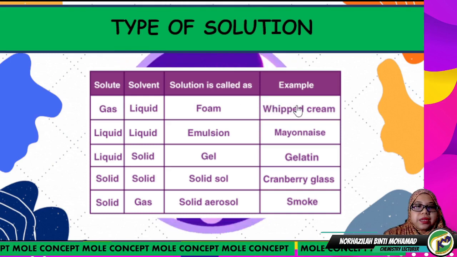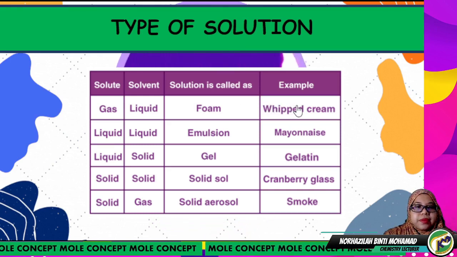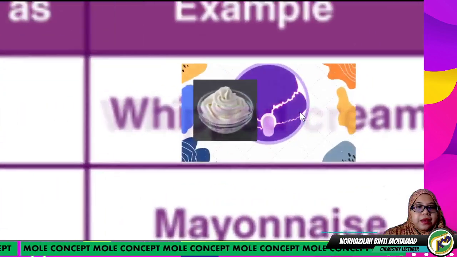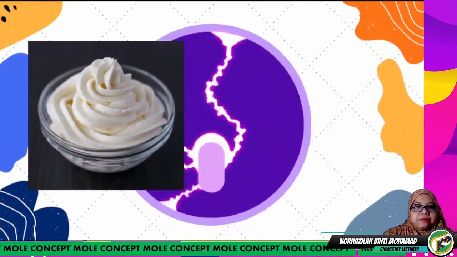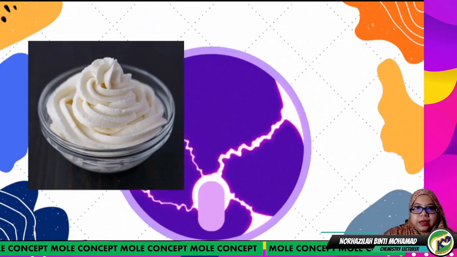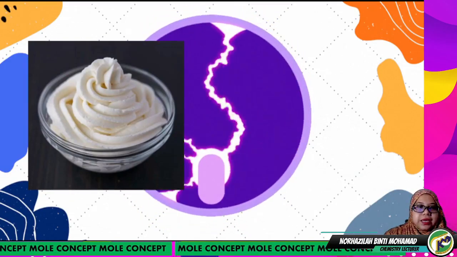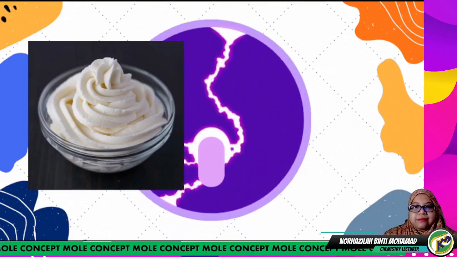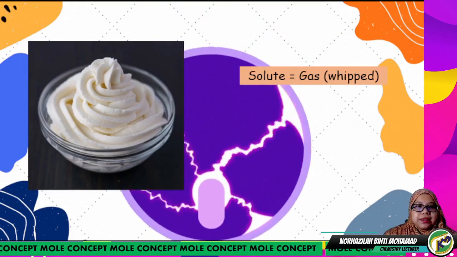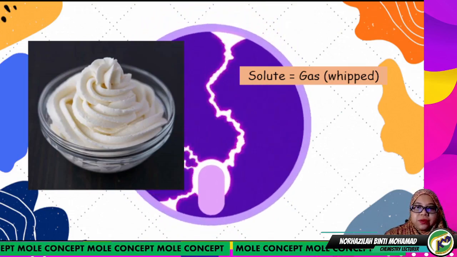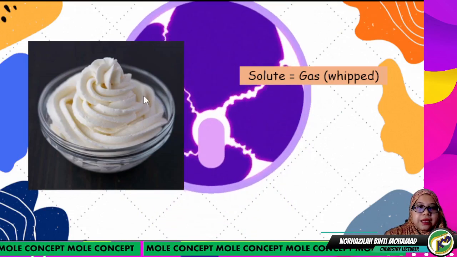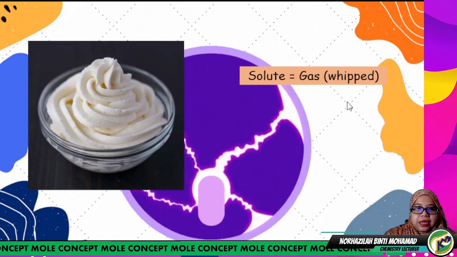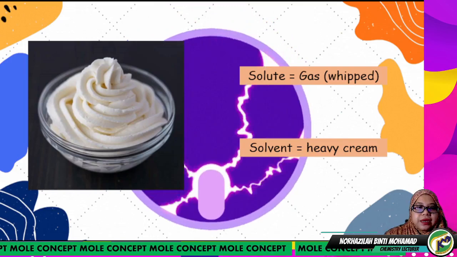So for example is whipped cream, the one that we eat with ice cream. So the solute is gas. So how to infuse gas in this whipped cream is by whipping the liquid.